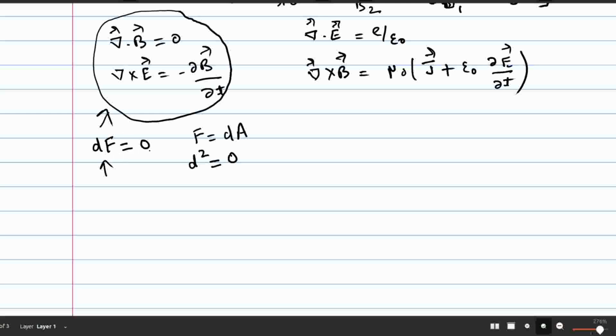And dF equal to 0, if we take the components of dF and put them equal to 0, we get these two equations: divergence of B equals 0 and curl of E equals minus del B by del t.